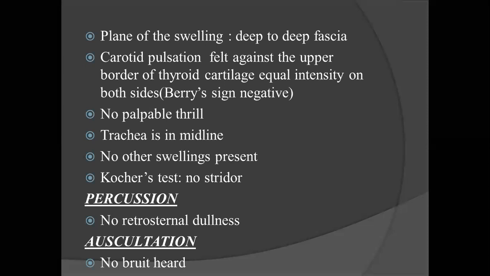What you were trying to tell me is that at the level of the upper border of the thyroid cartilage, the anterior border of the sternocleidomastoid is there, and just deep to it is the carotid. If you see here, this is the upper border of thyroid cartilage, and the anterior border of the sternocleidomastoid comes like this. This is the point where you feel the bifurcation of the carotid into external carotid and internal carotid.